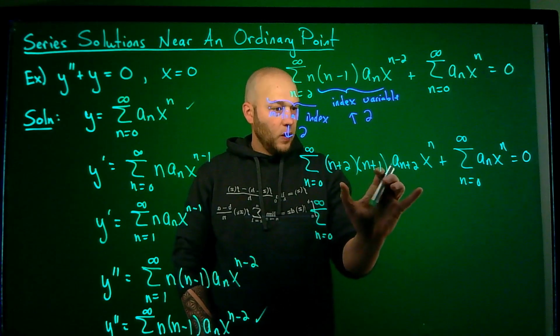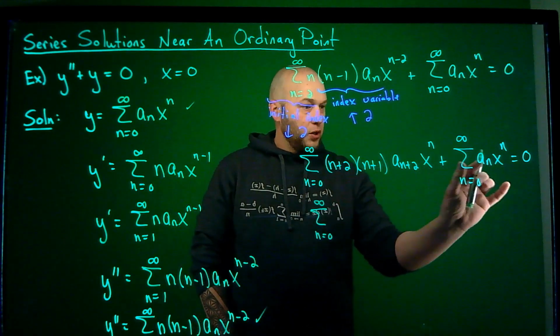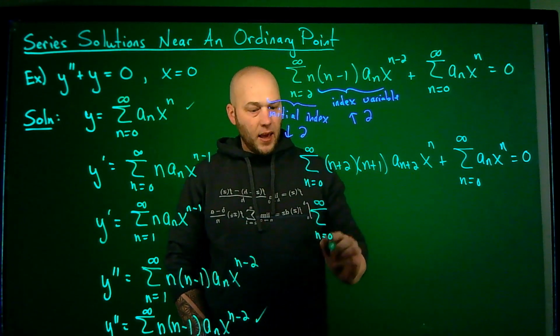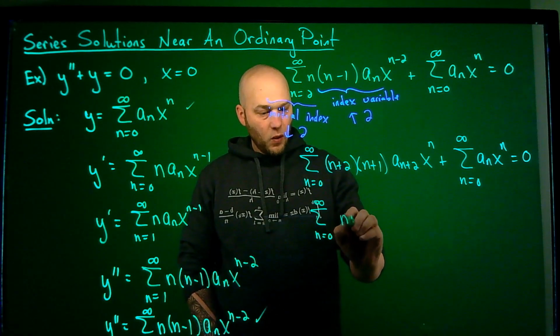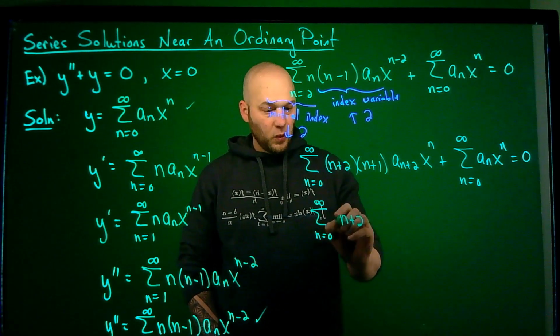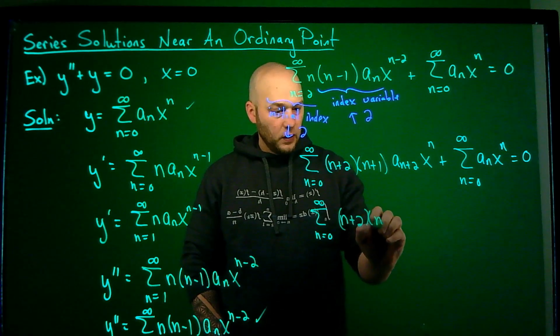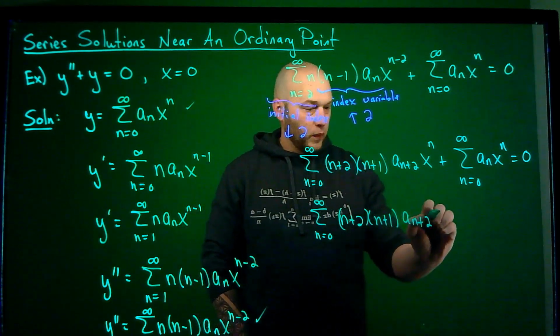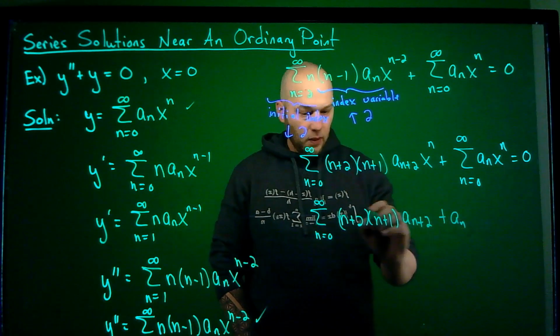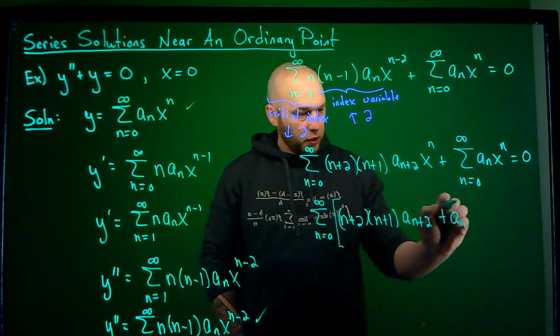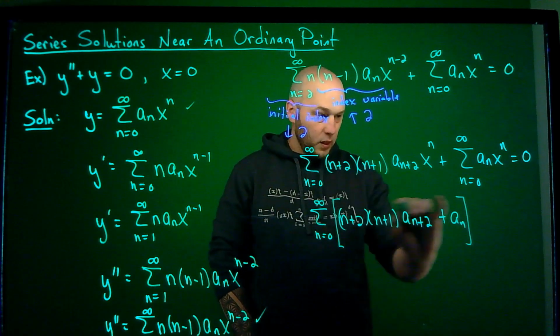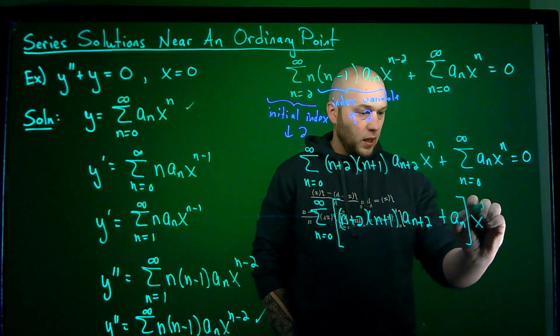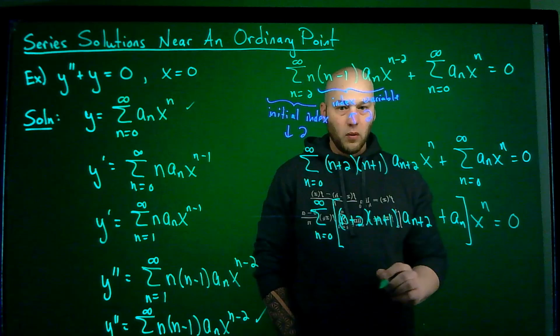And also, within that summation, I'm going to factor out x to the n. What I have then for the coefficient within this summation would be n plus 2, n plus 1, a n plus 2, plus a n. That's the expression for the coefficient within this series, and then x to the n, sum from n equal to 0.